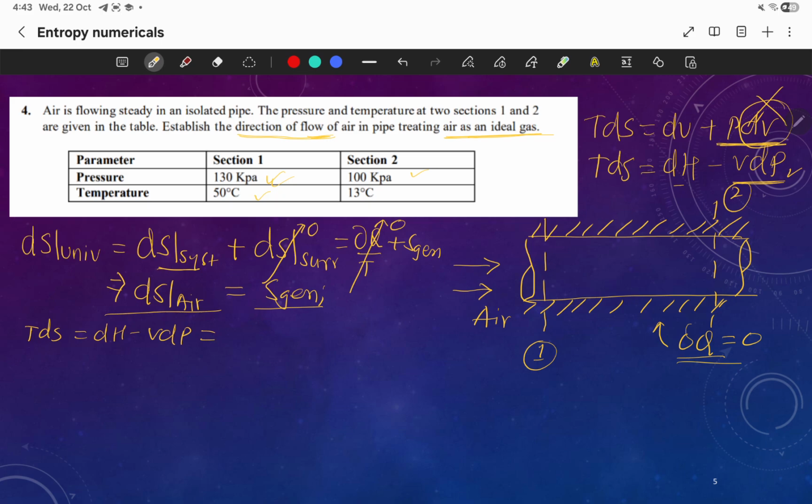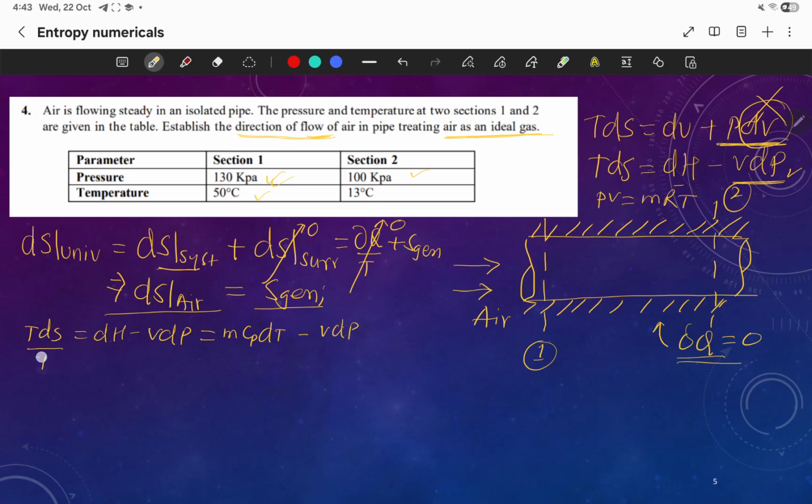So dH we can write m Cp dT minus V, okay, from PV equals to mRT we will get, okay, this will be what? VdP, right?